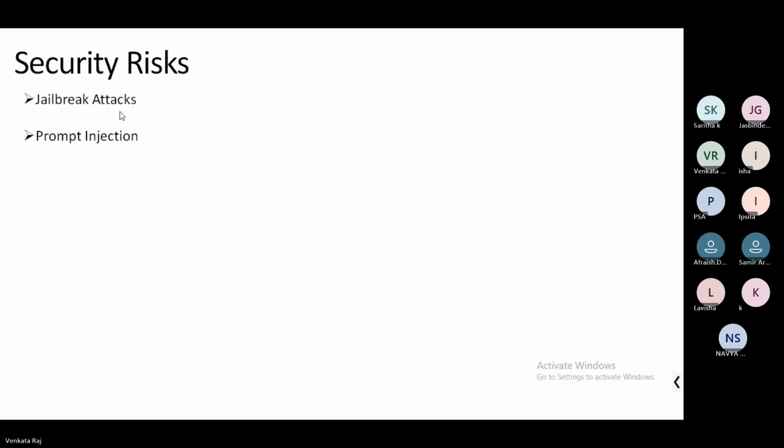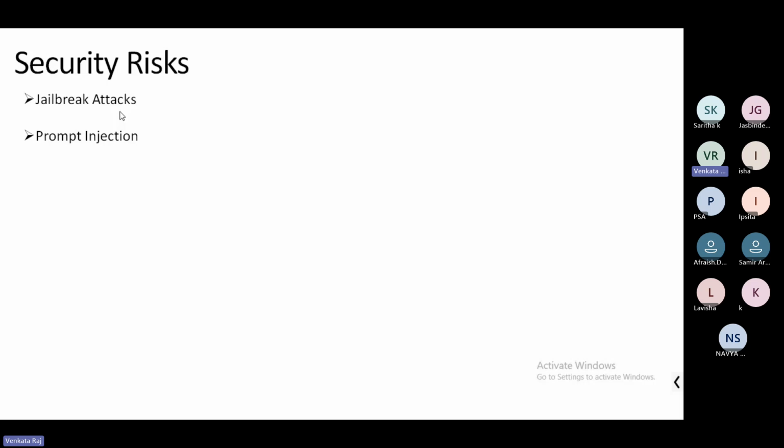Now, for example, there is a customer support chatbot. You are not the real user, you are, let's say, a hacker. You will write some prompts in such a way that you will try to trick the AI model, and you are trying to retrieve some personal information of a customer. You will trick the AI model using the chatbot, and you will be able to extract the information.